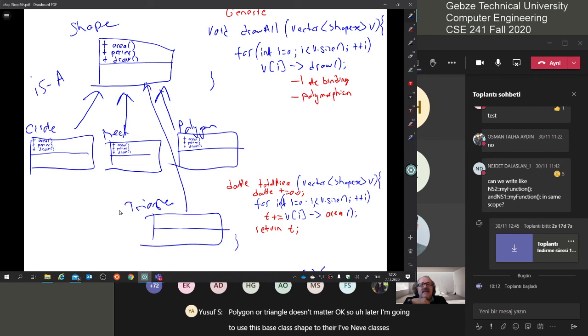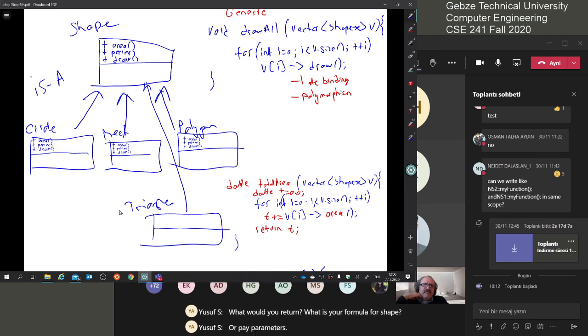Can anybody tell me how to write the area function of the shape? How would you implement the area function of the shape? What would you return? What is your formula for shape? Or perimeter?